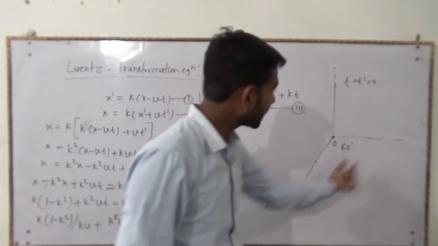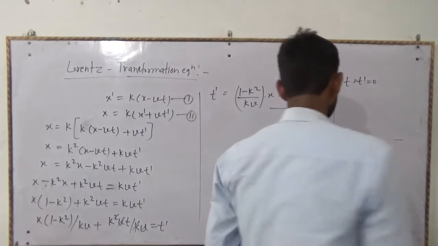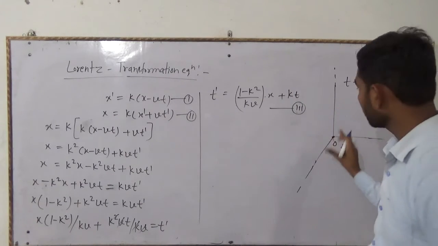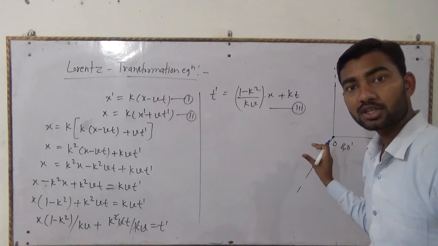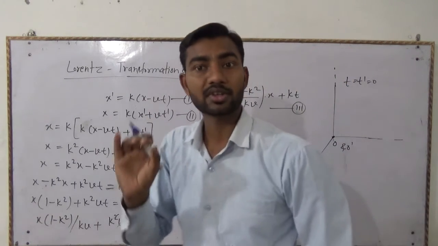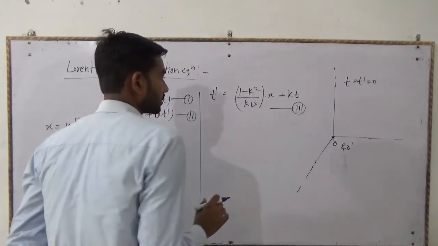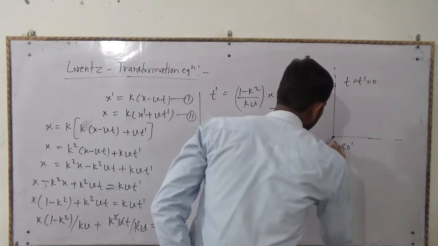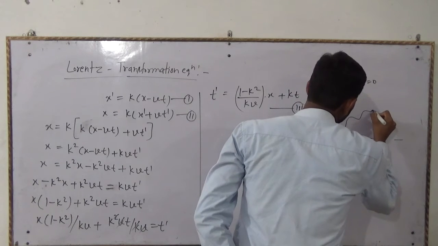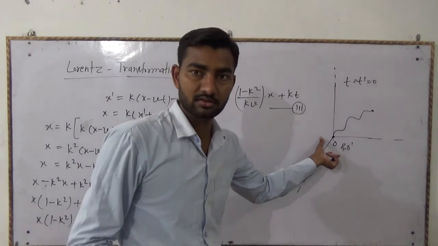Here by dotted lines we have shown the coordinate axes of frame of reference S dash, and by solid lines we have shown the coordinate axes of frame of reference S. So here we are considering again that a light signal is emitting from this common origin.